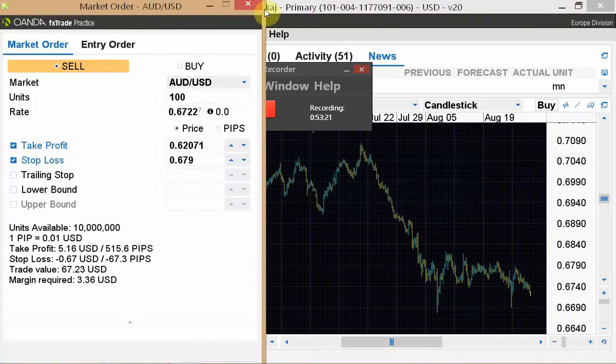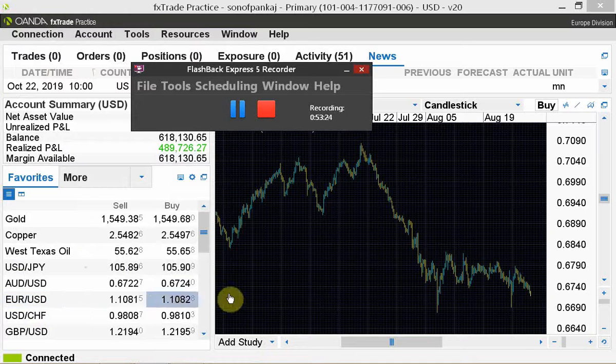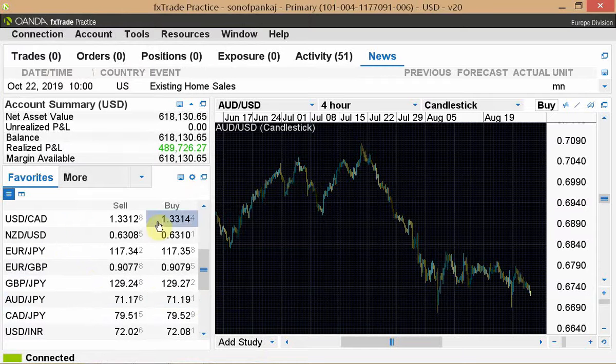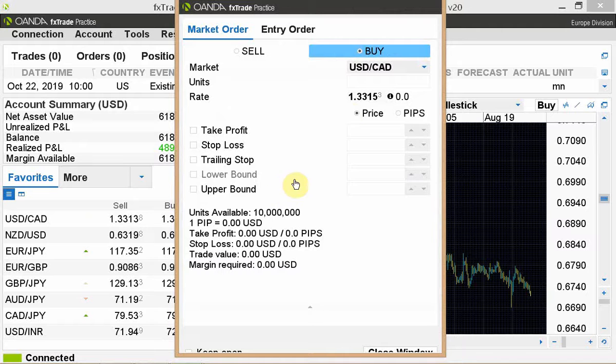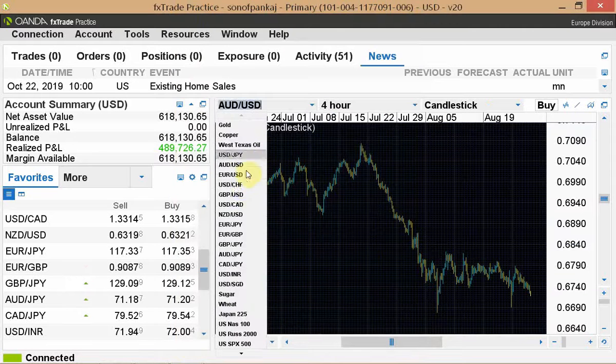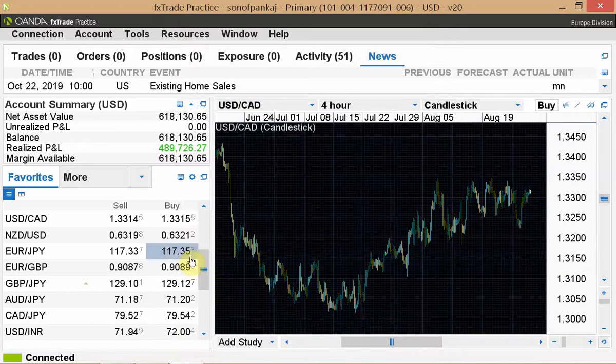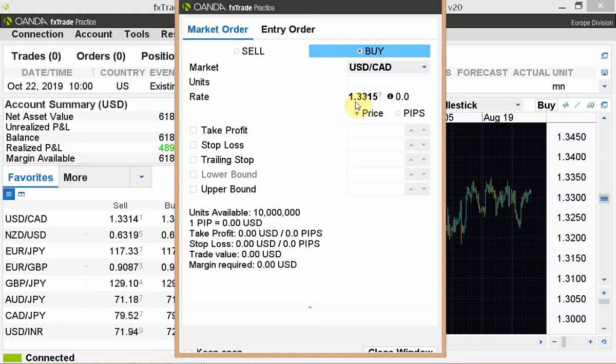Let's say I want to buy 100 units of dollar Canada at the market 1.3316, and I'm going to take a stop loss example, a very wide stop loss.